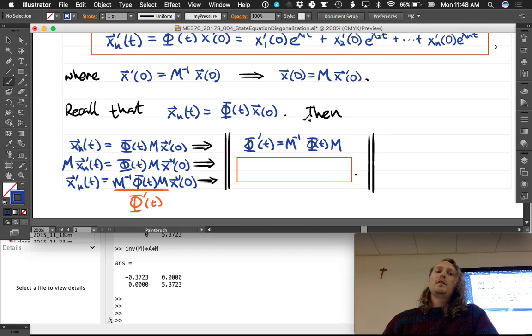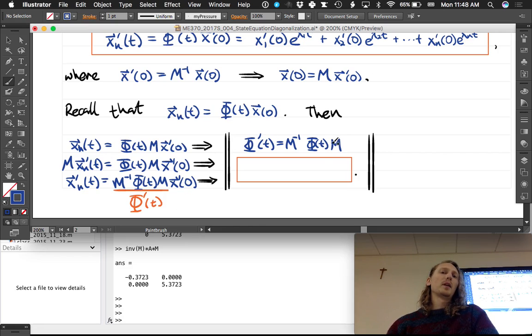And how did we come up with that expression? Where did we come with that? So what this said is that phi prime is equal to, so you could write this as an equation, right? Which is what I did. I said phi prime is equal to m inverse phi m, which is exactly what we did here.